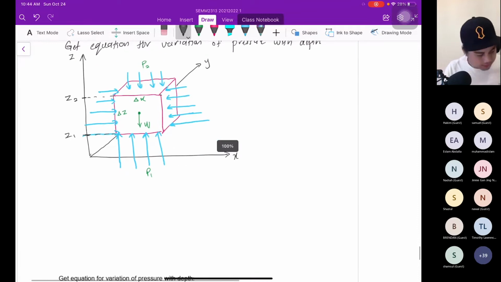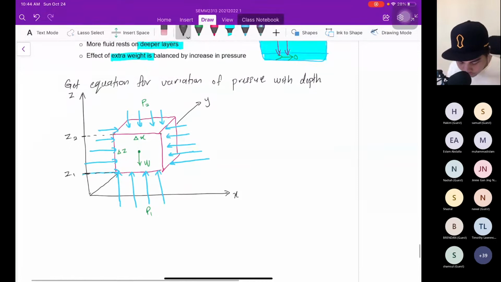After we have drawn here, what do you think of the force? What do you think the most significant force involved is? Is it the force in the X direction or the Z direction? Which direction of force is identical?